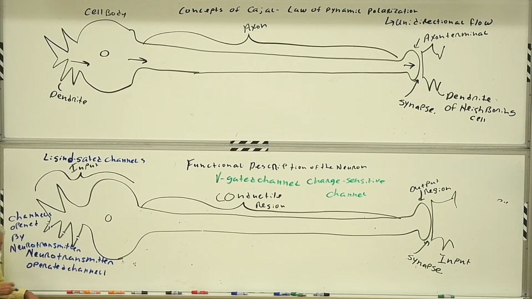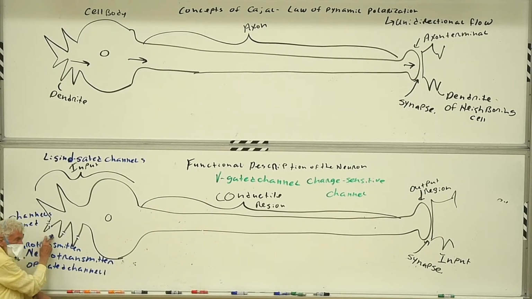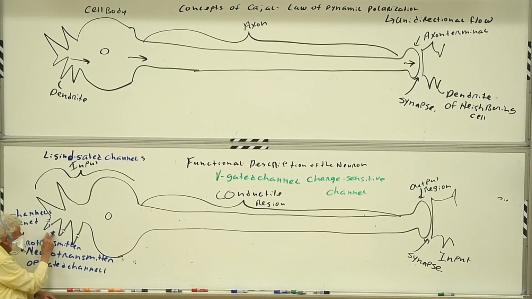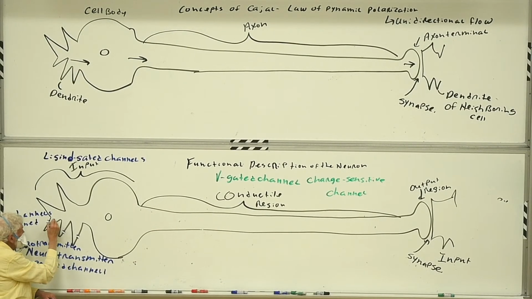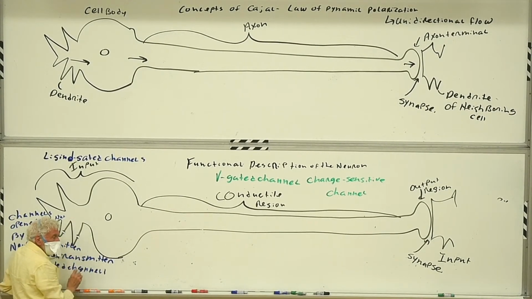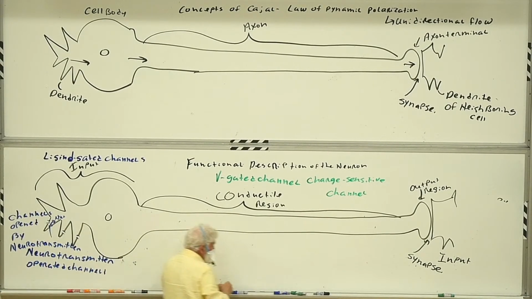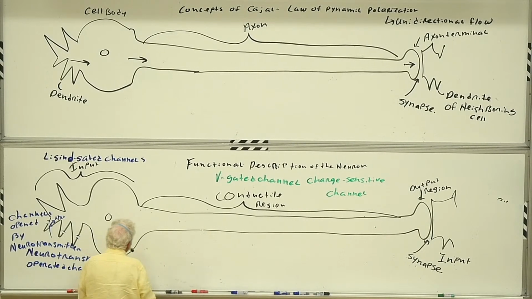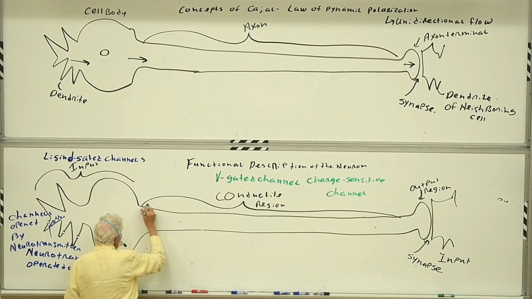There are a variety of different neurotransmitters. We'll talk about a bunch of them, but they're basically a chemical which will bind to the transmembrane protein, open the channel, and allow sodium to come in. But these particular channels are relegated to the dendrite and cell body, the input region. Then another group of channels, which are only rarely found in the cell body or dendrite, begin to crop up in the cell.